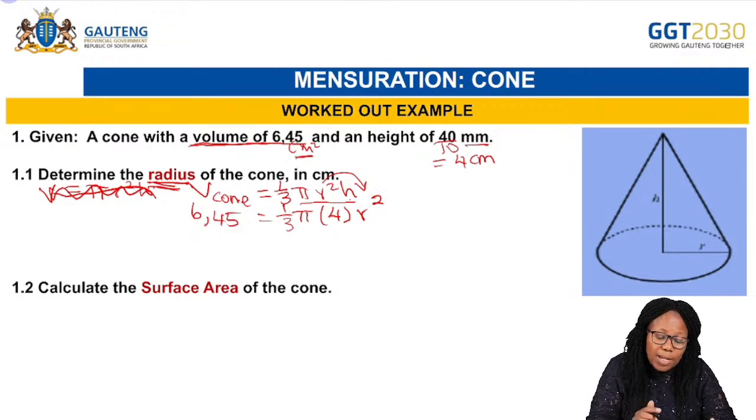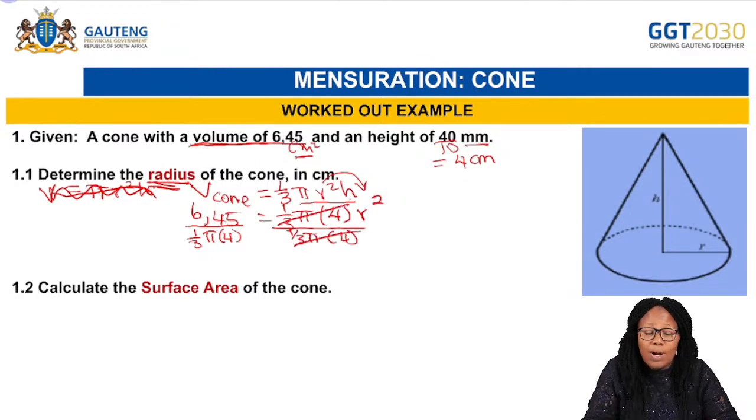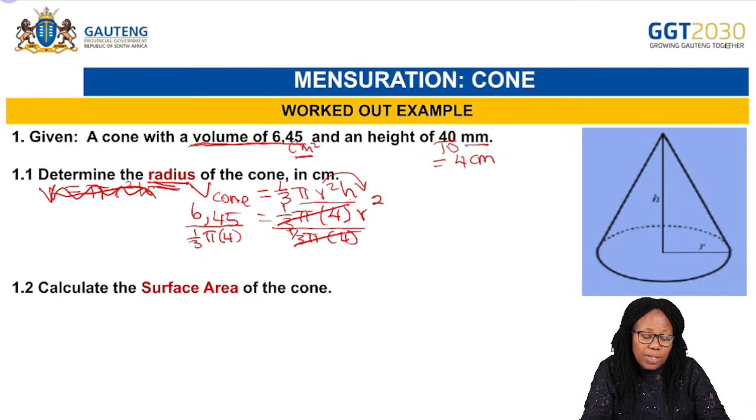And then from here, we can now divide both sides, grade 12. So we have divide by 1 over 3 pi into 4, and then the same applies 1 over 3 pi into 4 there. Then this will cancel the 1 3 pi 4. We are left with r squared.